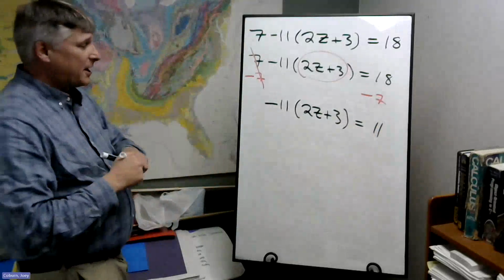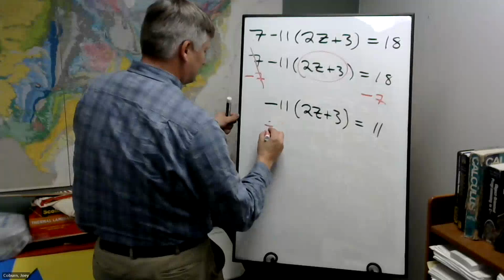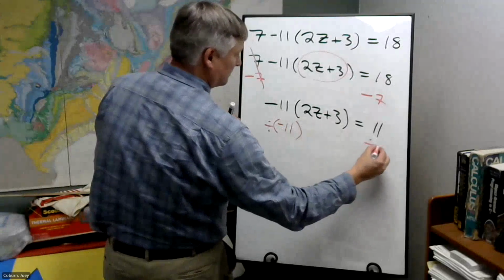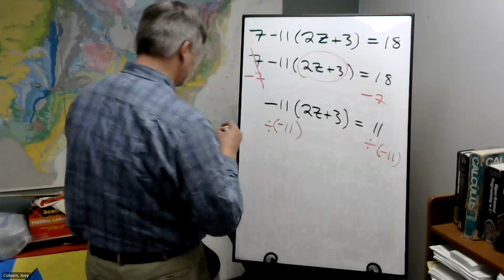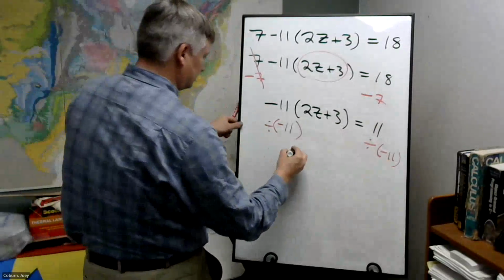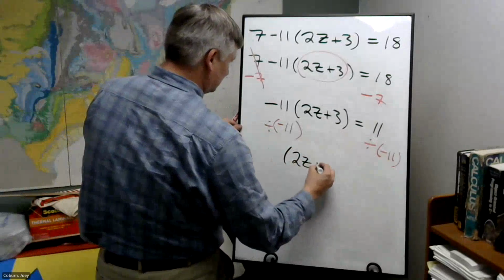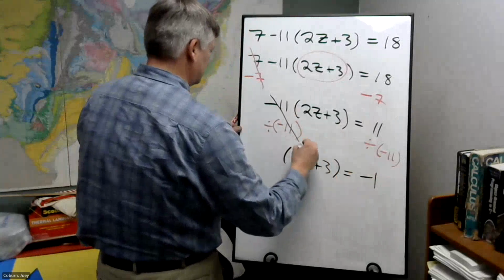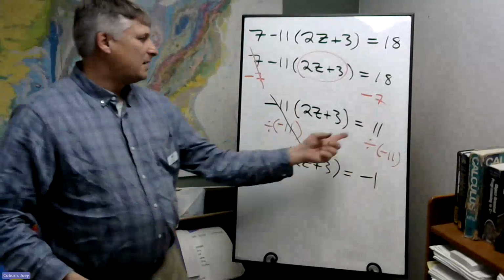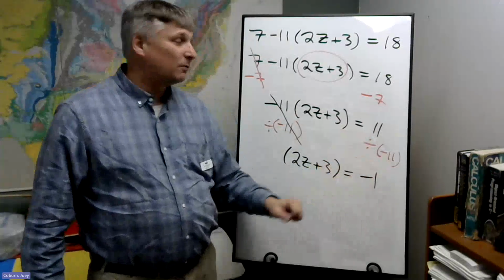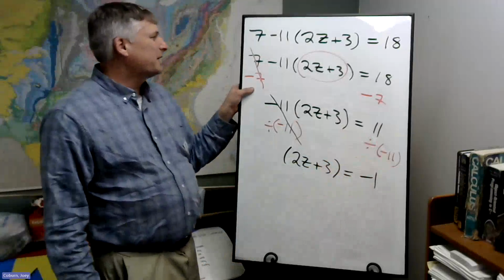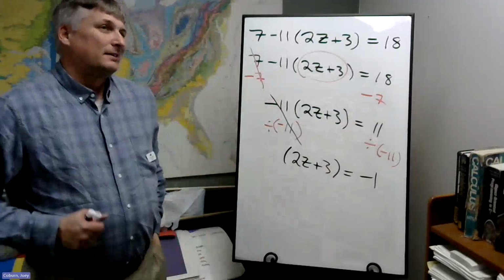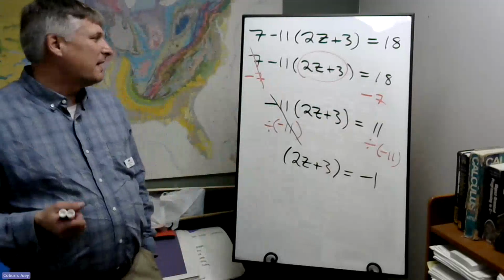Now divide both sides by negative 11. Because positive divided by negative is negative 1. Now this might seem kind of strange because it looks like we're subtracting an 11. You could think of it that way.